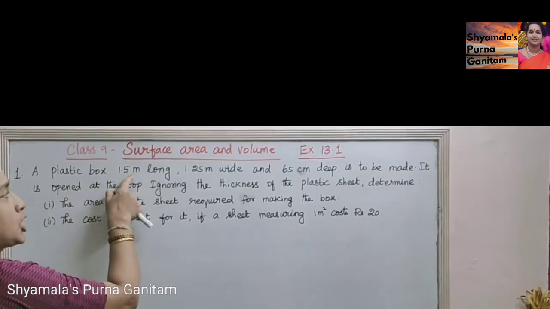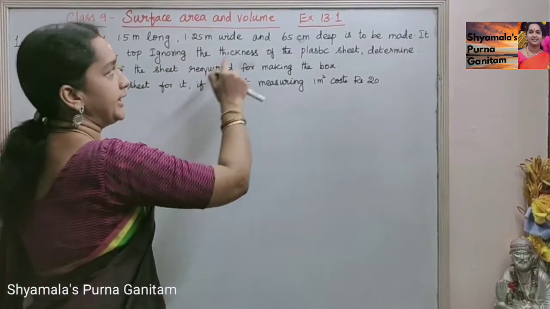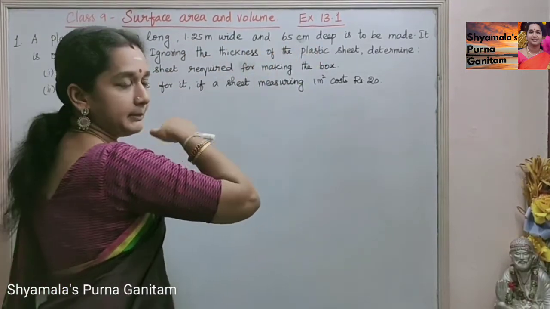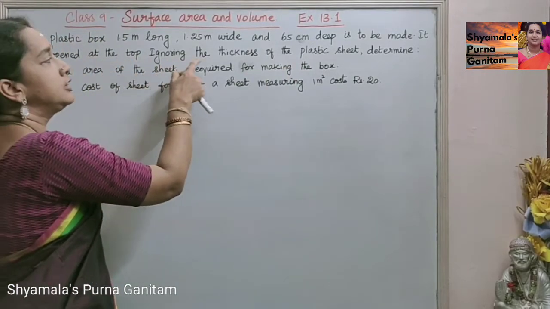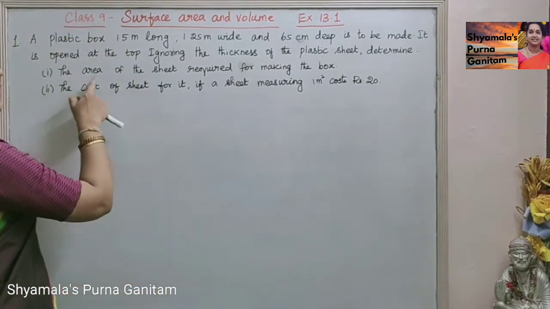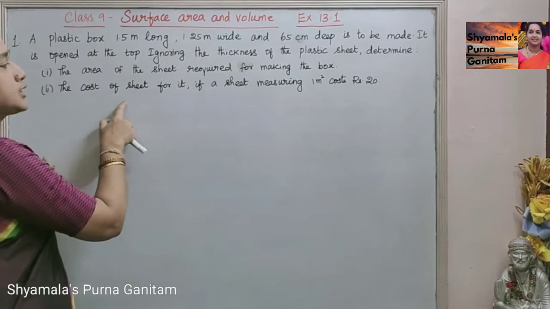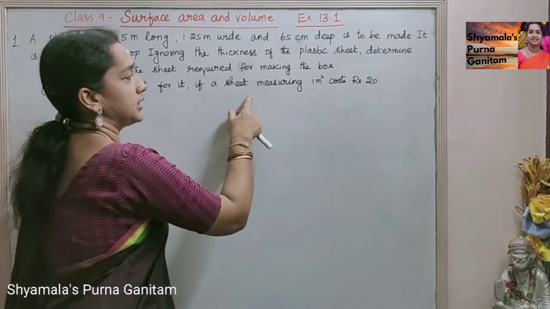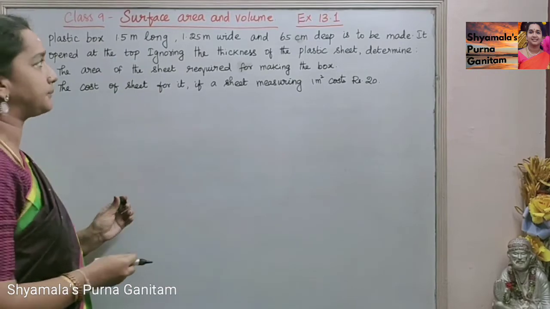A plastic box 1.5 meter long, 1.25 meter wide and 65 centimeter deep is to be made. It is opened at the top, ignoring the thickness of the plastic sheet. Determine the area of the sheet required for making the box, and the cost of the sheet for it, if a sheet measuring 1 meter squared costs rupees 20.